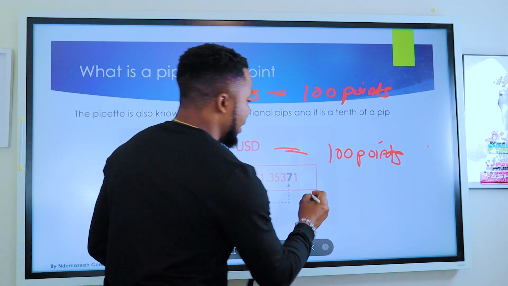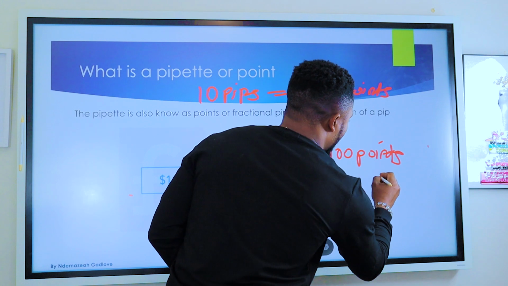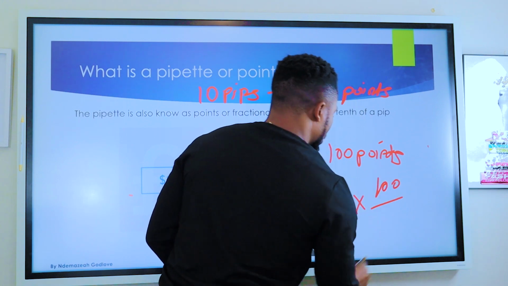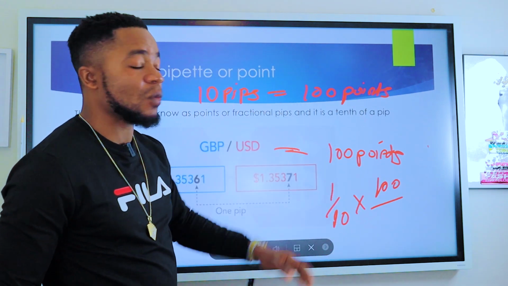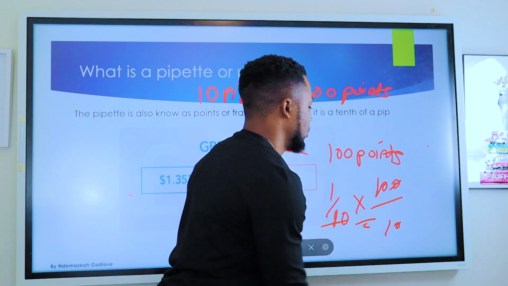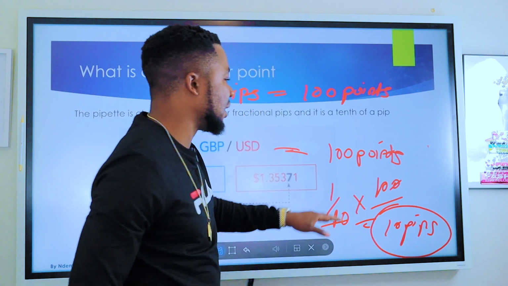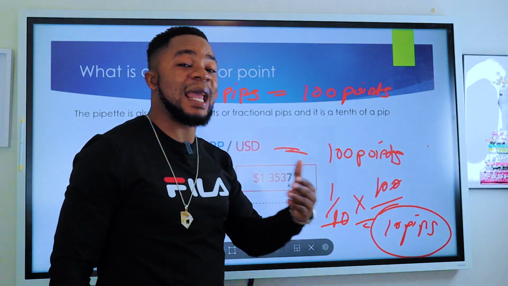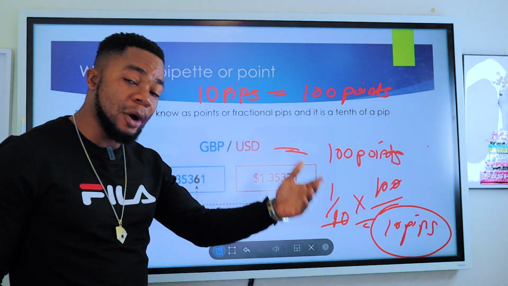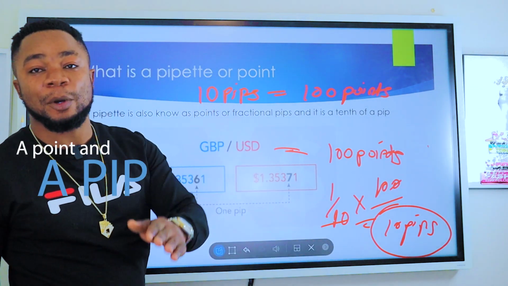A pip is 1/10 of a point, so you multiply 1/10 times 100. This will be equal to 10 pips, which is the same thing we've explained here. A point is a tenth of a pip, meaning a pip is 10 points.